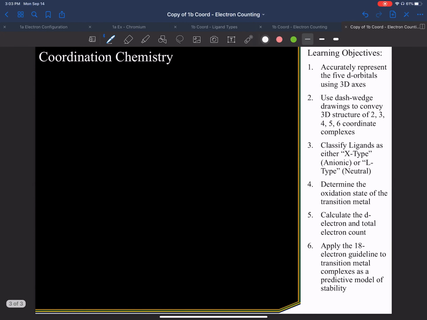So what we're going to do is I'm going to draw a manganese complex here, and it's going to be octahedral. So if you're not comfortable with this, go back to that previous video where we talked about the different shapes of our organometallic complexes, or metallic complexes, I should say.